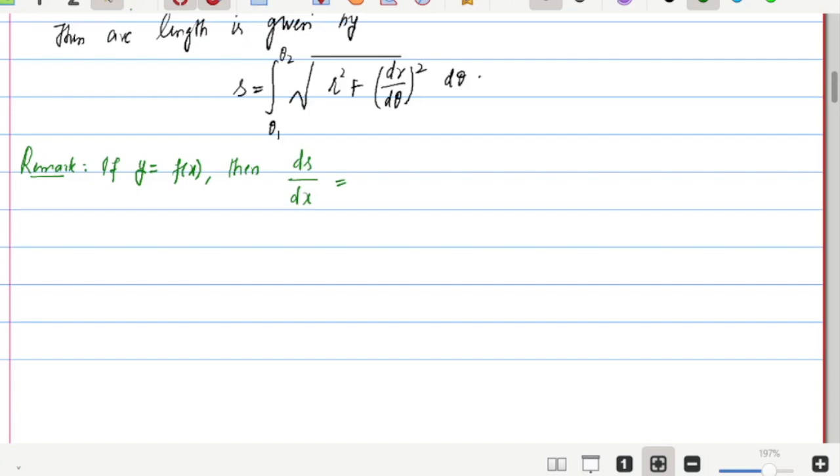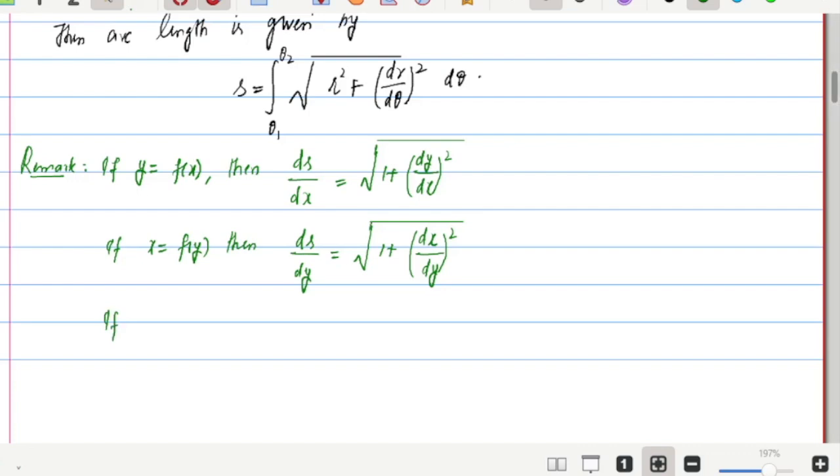This is defined as square root of 1 plus dy by dx whole square. And similarly, if x is equal to f of y, then derivative of arc length s with respect to y, in this case, is defined as square root of 1 plus dx by dy whole square.